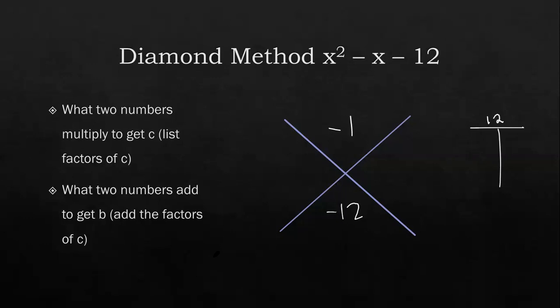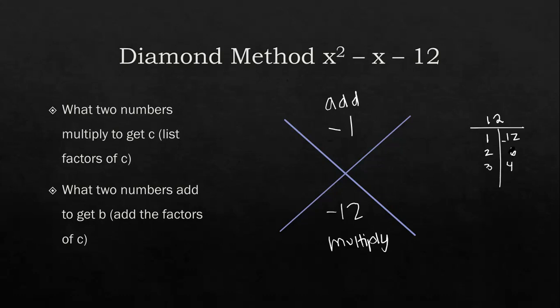All right, so you're trying to figure out what numbers add to get you -1, but multiply to get you -12. Well, if they multiply to get you -12, one of the numbers has to be negative, the other has to be positive. Because they're adding to get you -1, that means the bigger number has to be negative. So I always just list out my factors.